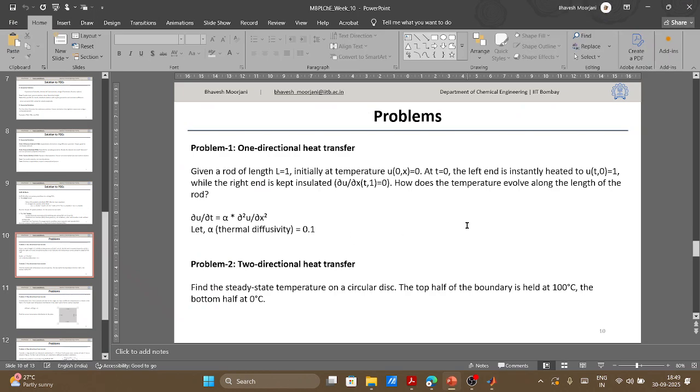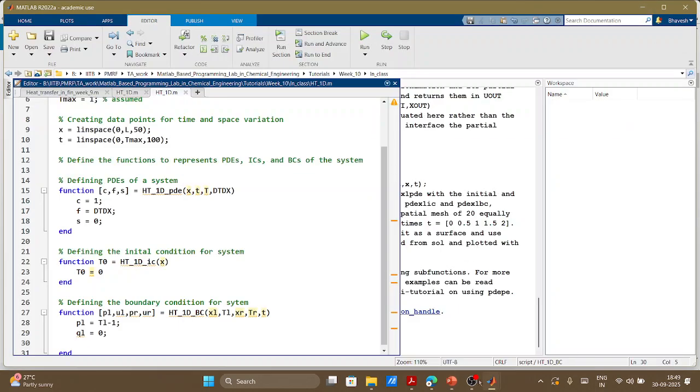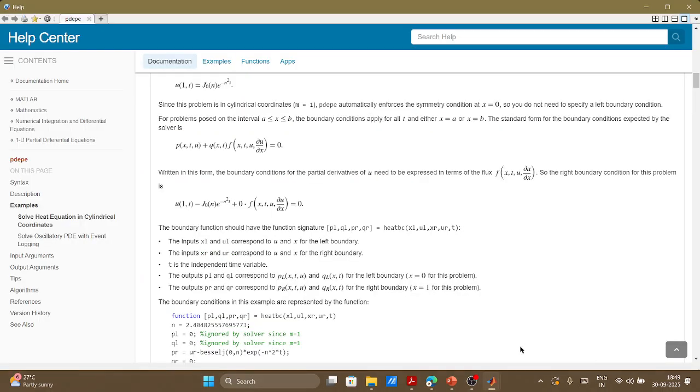Now the right hand side condition says that the right hand end is kept insulated. So the first order differentiation of your temperature with respect to x is equal to 0. According to this equation I will have some function of du by dx, so my q(x,t) is equal to 1, I don't have any multiplication, and the right side equals 0. So p is 0, q is 1. This will satisfy my du by dx equal to 0 part.